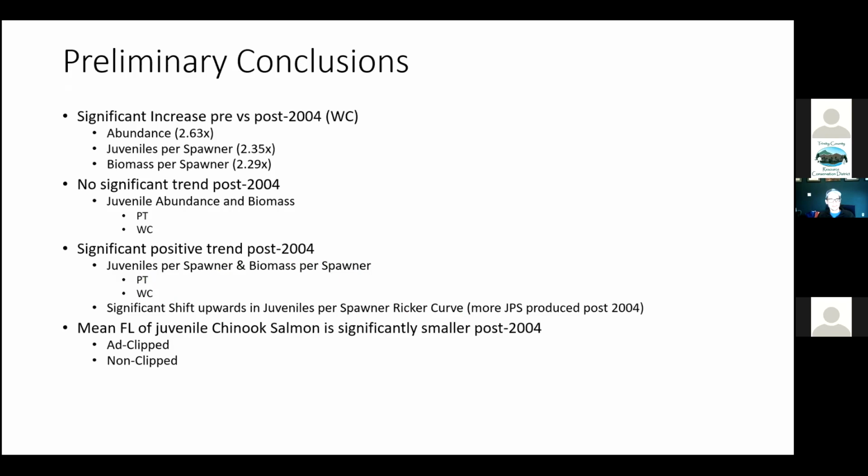We did see a significant shift in the Ricker curve, the spawner-recruit curve, and I think that's a positive take-home message. But again, the fork length, the size of juvenile age 0 Chinook salmon, is significantly smaller post-2004.